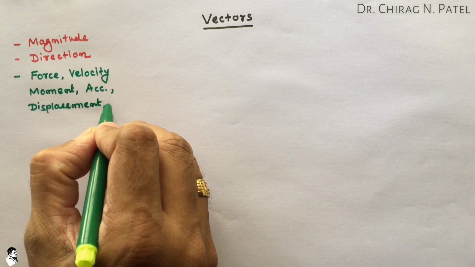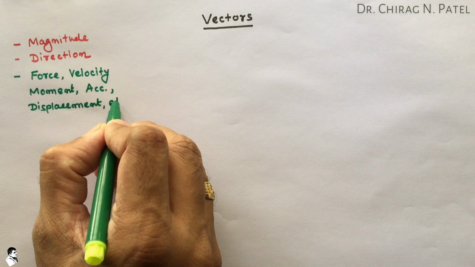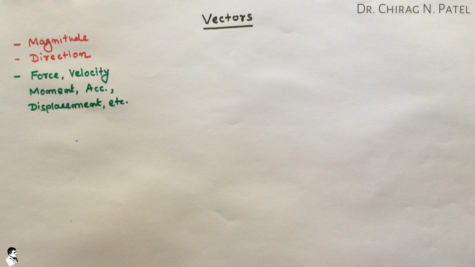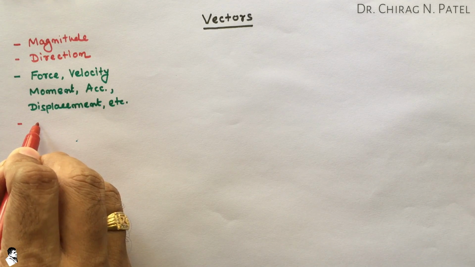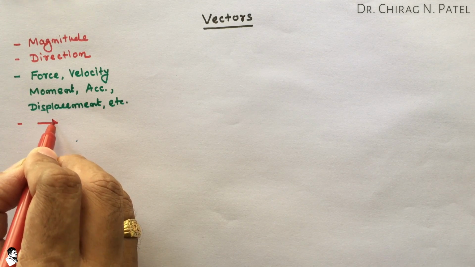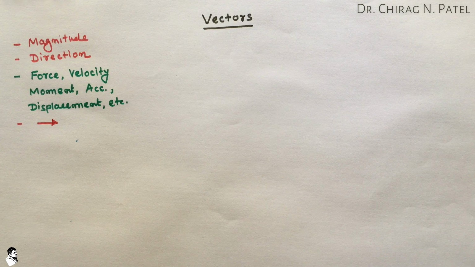These are examples of vector quantities. Now generally a vector quantity is defined with a small arrow based on its magnitude.